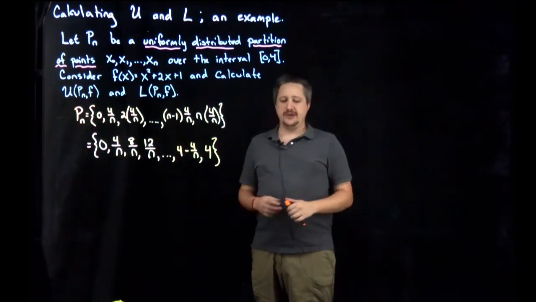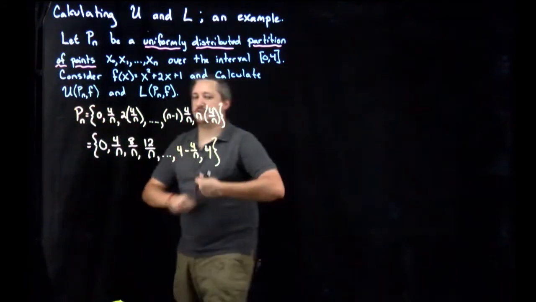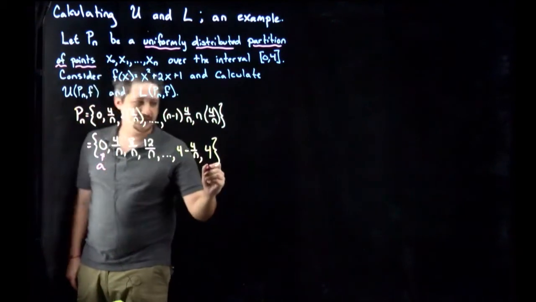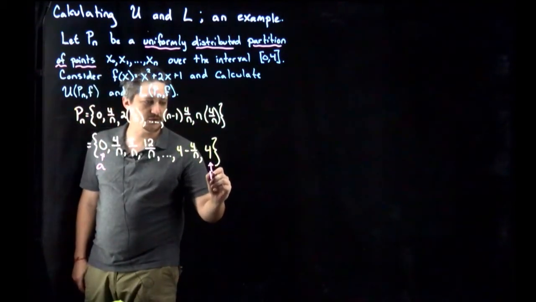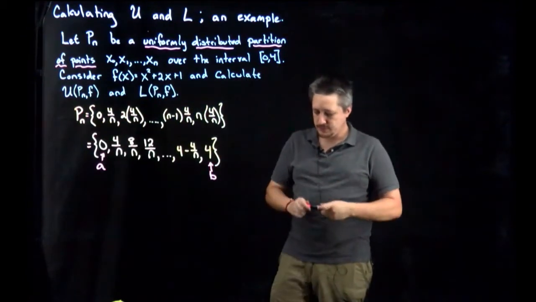Okay, so this is the most concrete I can make this particular partition. And I'll point out as a side note, which isn't important for our computation, but just to make it consistent, that this is really the A, and this is really the B, just like we talked about before, where I did 0 to 4.